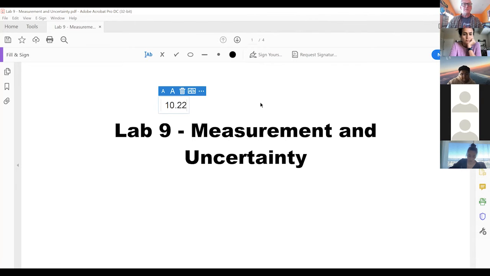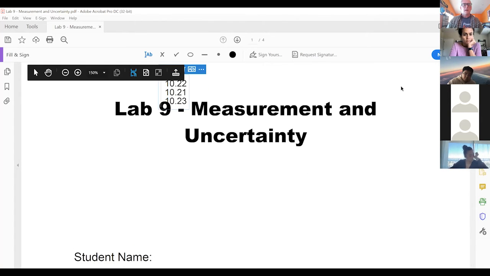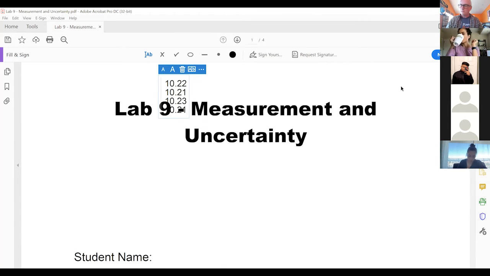So my first measurement was 10.22. My next one, 10.21. Next one was 10.23. Then 10.21, and 10.23.